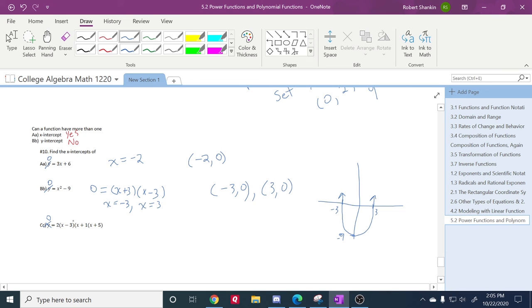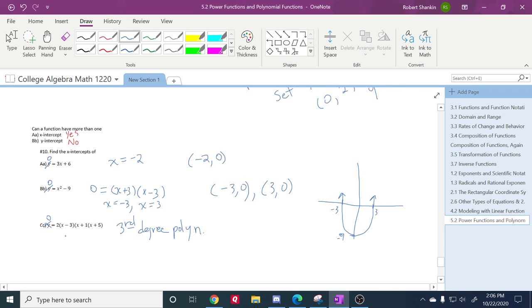Okay. And this on C, this actually is a third degree polynomial. And we could answer stuff about its y-intercept, its end behavior, all kinds of stuff.